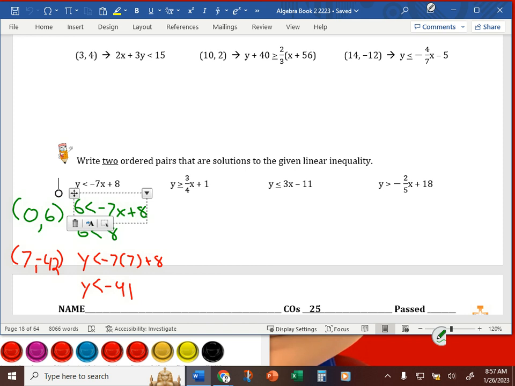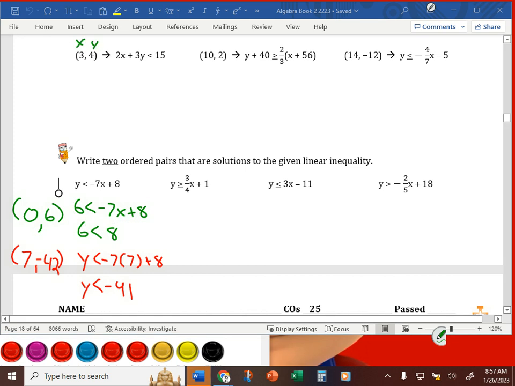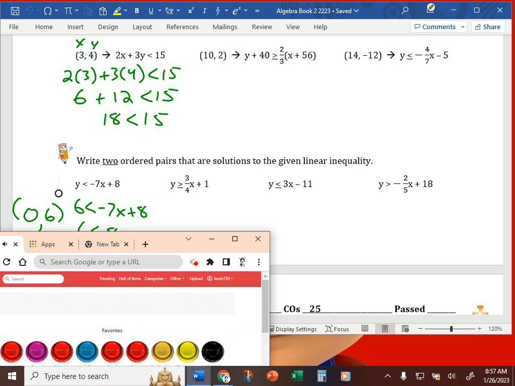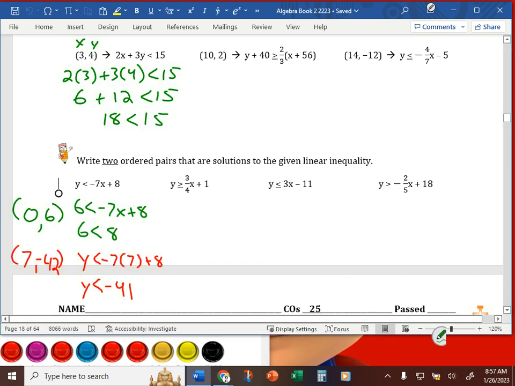So plugging in, again, x, y, that doesn't change, okay? 2 times 3 plus 3 times 4 is less than 15, is 6 plus 12 less than 15, is 18 less than 15? No, it's not. 18 is not less than 15, so this one gets another sad face.